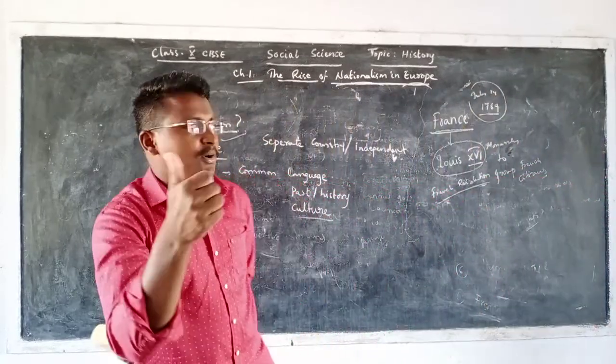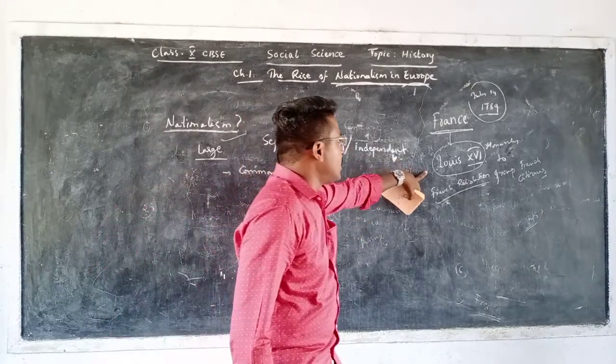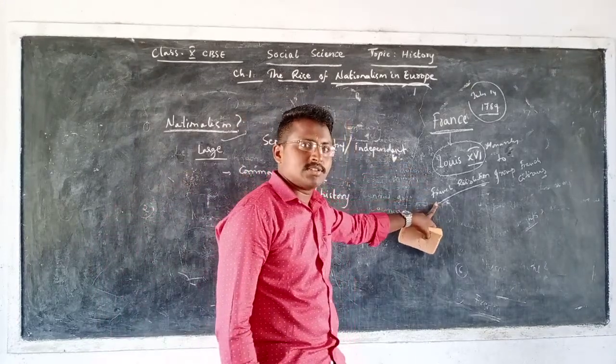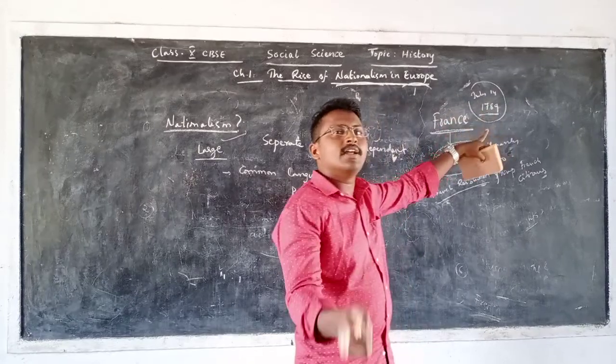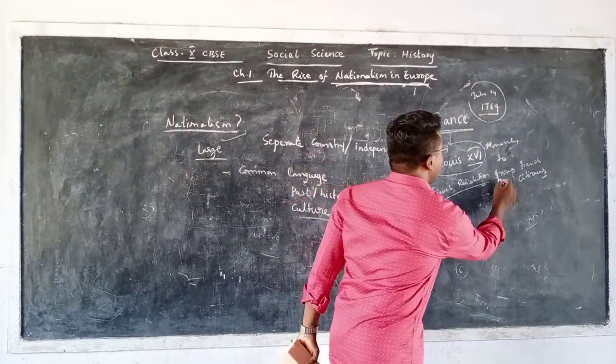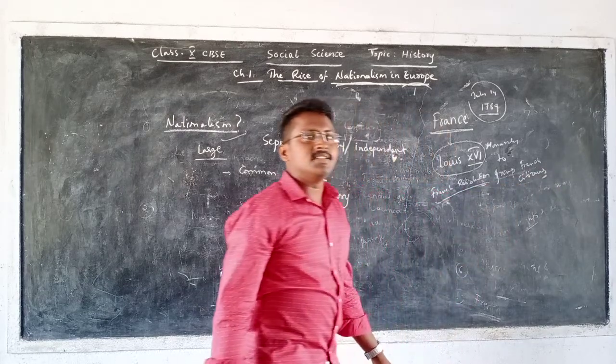Before that, the power was in the hands of Louis XVI. But after the French Revolution, which occurred on 14th July 1789, the power was in the hands of a group of French citizens.